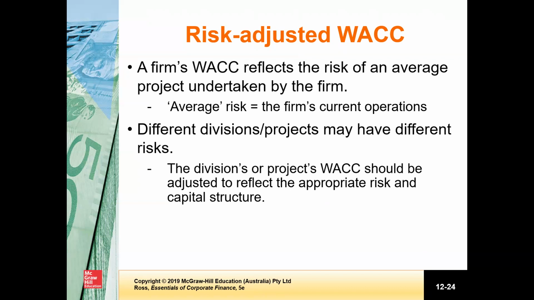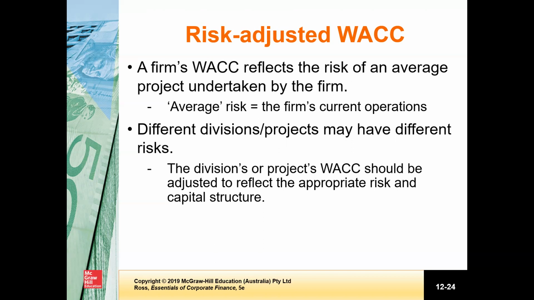If we remember the SML line, where there is a certain risk-free rate and there is a market risk premium, to keep things simple, let's consider an all-equity company with a beta of 1. So the weighted average cost of capital and the cost of equity for this project would be the same, because it has a beta of 1.